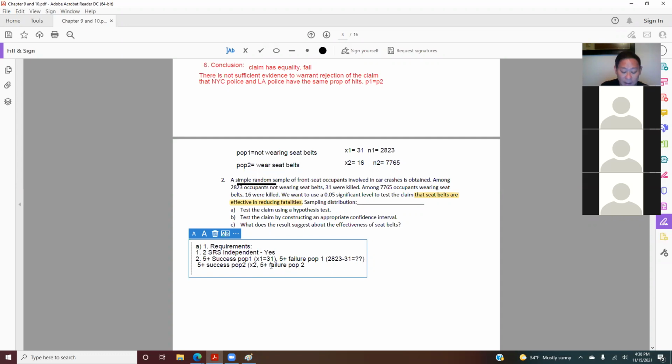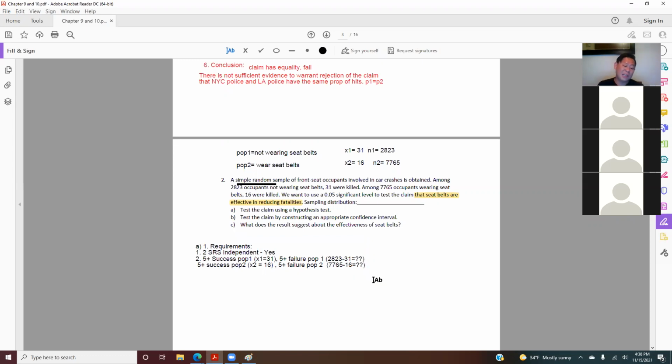Same thing when you do the second population. For those who wear seatbelts, the 16 people die, so that means that it's a success. And in order for us to find the failure one, you also subtract, like what someone said. We take 7,765 and subtract 16 because there are 16 people who died.